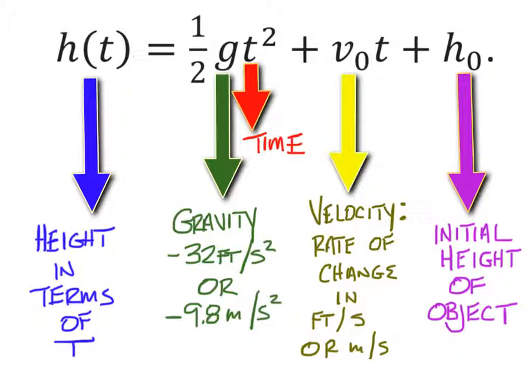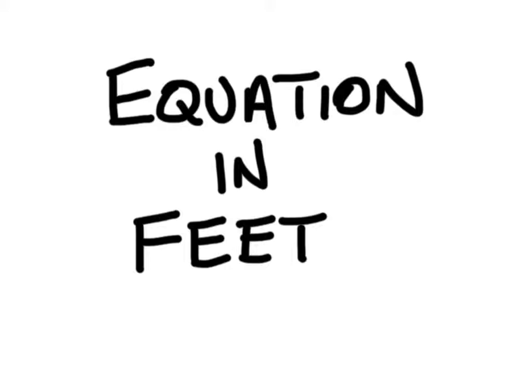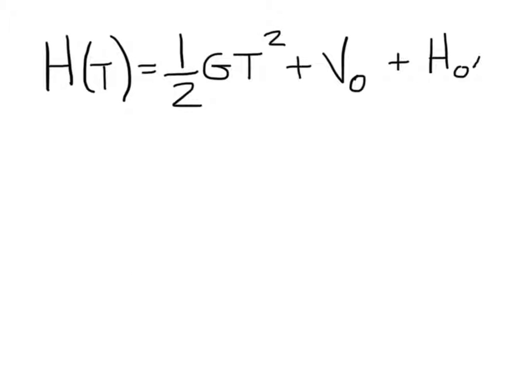If the person is standing on the ground, from what height is the object being thrown? The ground in terms of a number is what? 0. And if they're on a building that's 75 feet up, then it's 75 feet.